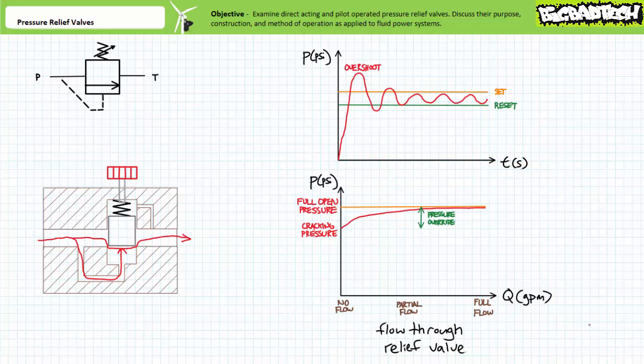The difference between cracking and full open pressure is what may cause a noticeable decrease in actuator speed as a system approaches the set pressure limit. The differential between cracking pressure and full open pressure is sometimes known as pressure override.